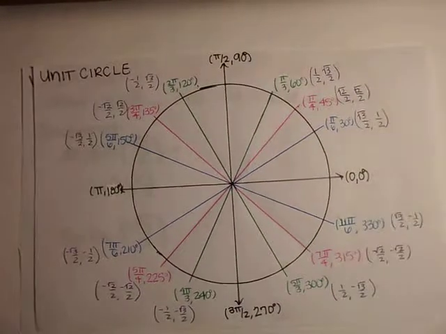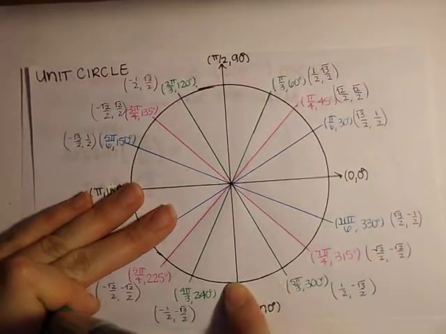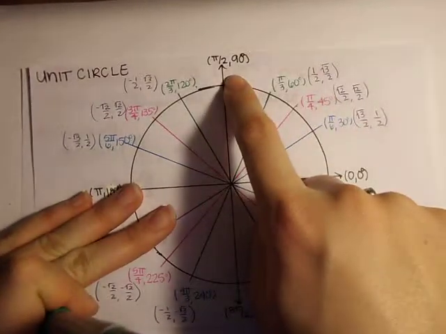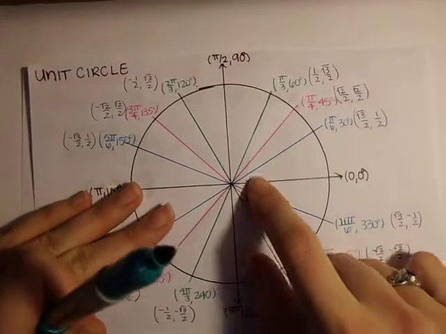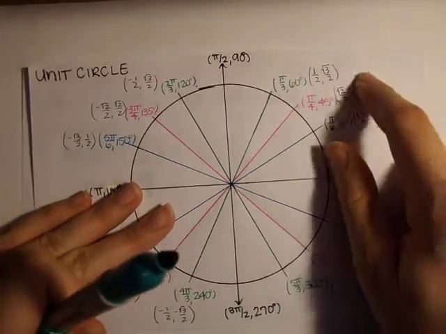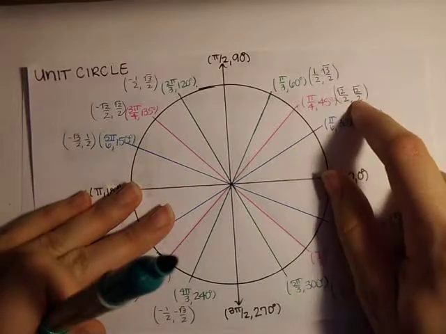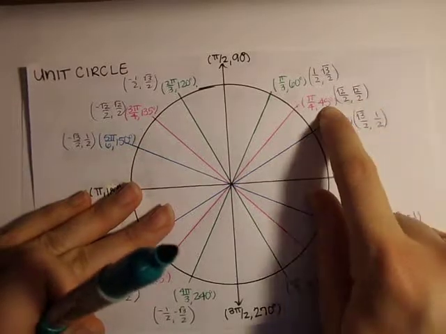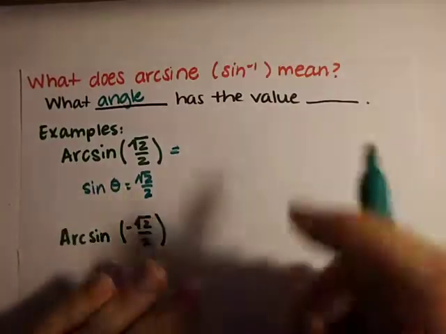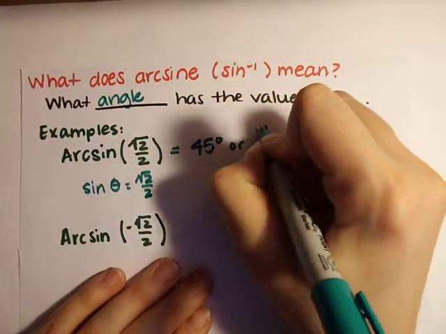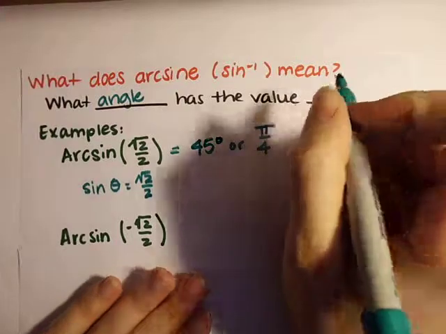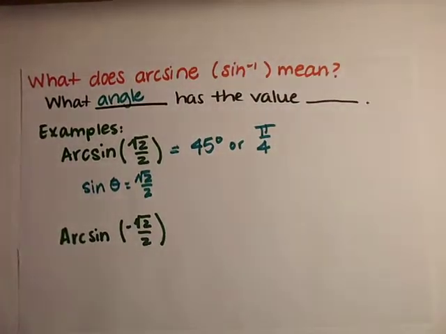And remember, since sine was restricted to this half of the unit circle, from negative pi over 2 to pi over 2, and going down is going to give you a negative, we can look for sine, being a y value, of square root of 2 over 2, which is right here at 45 degrees. So our answer is going to be 45 degrees or pi over 4. And we can check, is that in our range? Yes, it's in our range. So we're good and we can keep going.